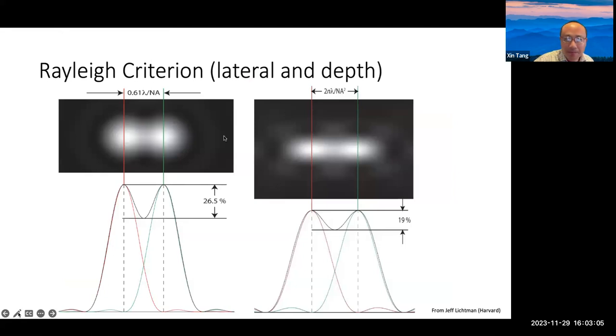So here, I mentioned that no matter how you change those parameters, you still have a limitation. It cannot become zero, right? So that means we cannot get to the tiny features in the samples. Once you encounter that situation, you need to use non-optical ways to find it out.